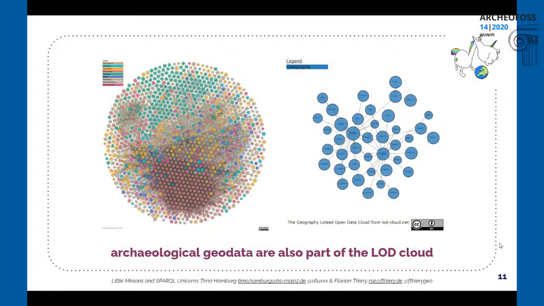Over the years, a huge linked open data cloud has emerged, and a subset of this linked open data cloud, for example, the cloud for geography, is also interesting for archaeology, but as we have said, is not always considered because it's not so easily accessible.